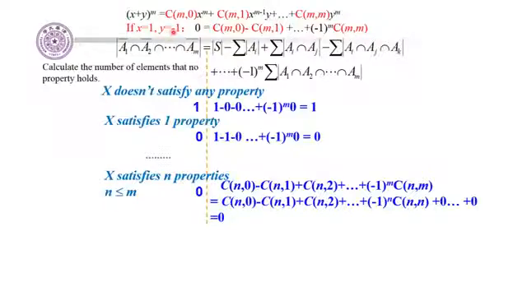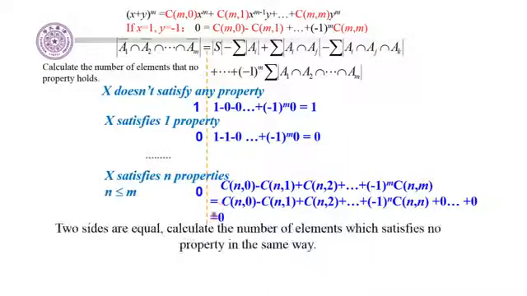We have that Cm0 minus Cm1 plus, until, minus 1 to the m's power Cmm is equal to 0. So although there are a lot of terms in the right-hand side, the result here is still 0. With this analysis, we discovered that no matter how many sets X is in, the left-hand side is equal to the right-hand side. Both of them are counting the number of elements not in any set. So with this process, we prove the correctness of the inclusion-exclusion principle.